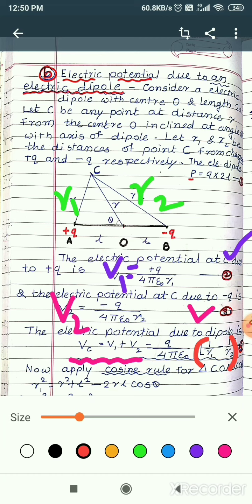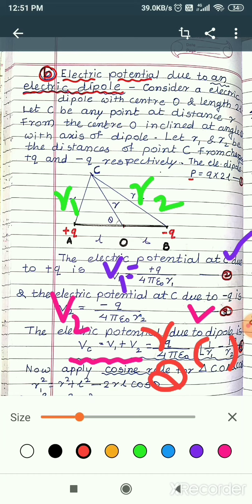Now the remaining part is the solution of 1 upon r1 minus 1 upon r2. Why do we require 1 upon r1 minus 1 upon r2 to be solved? Because we will convert our answer in terms of r and theta.